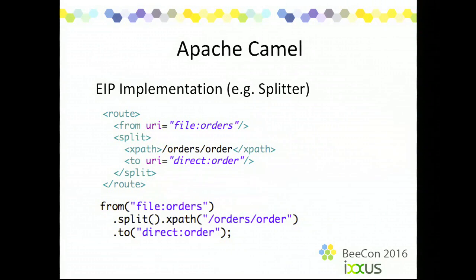In this case, you have probably an XML with different order entries. So you separate them, treat them individually, and probably this will come together with another pattern called aggregator that will put all the outcomes of these individual pipelines together.